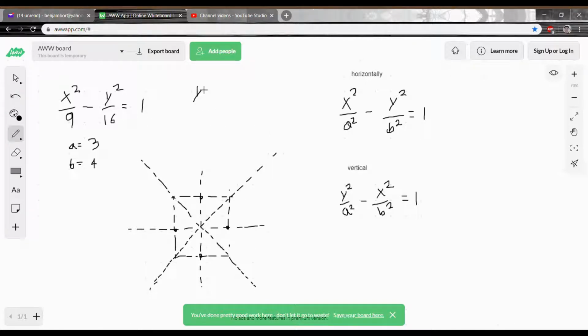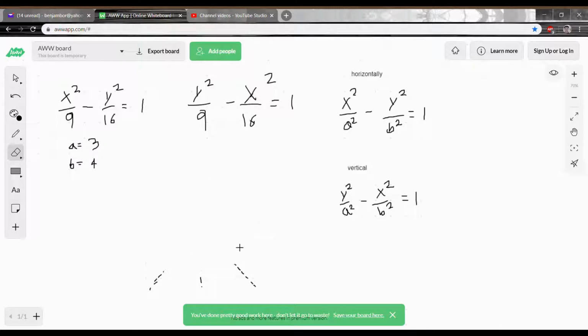Now, if we were to flip this, if we had y squared over 9 minus x squared over 16 is equal to 1, that tells us that the hyperbola opens vertically, and our a value is now going to be the vertical value.